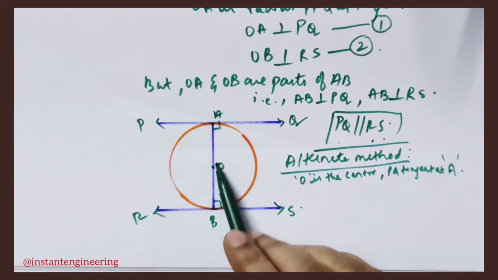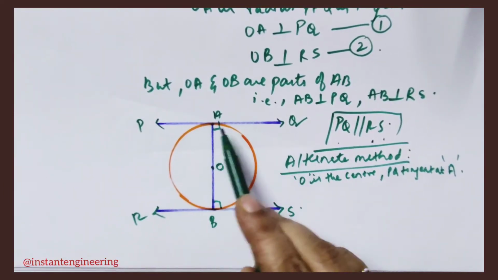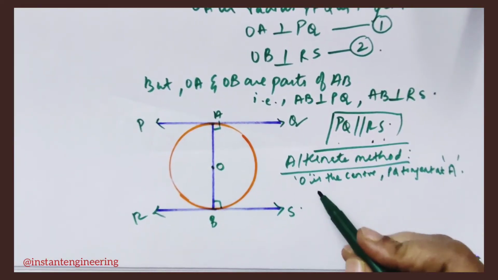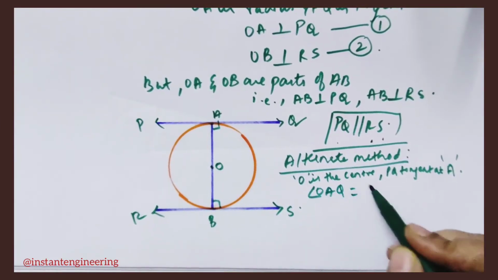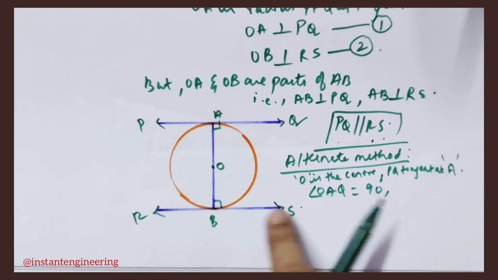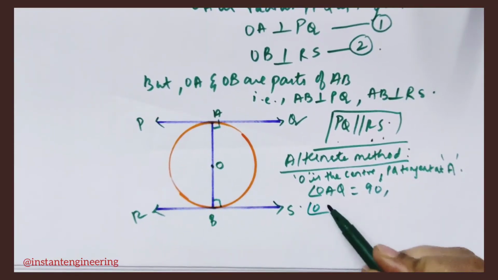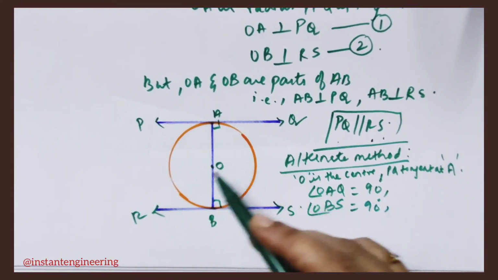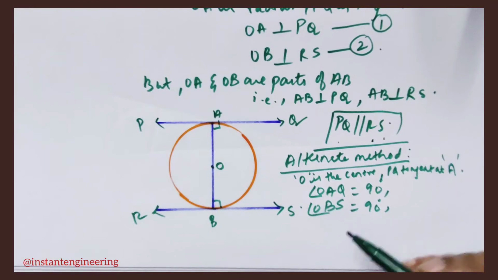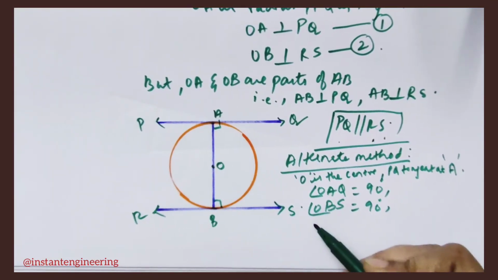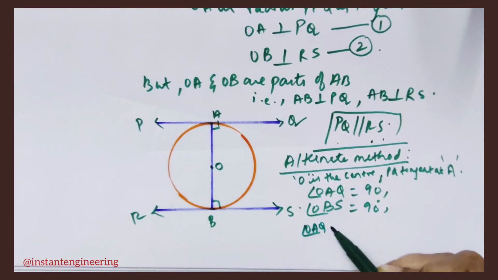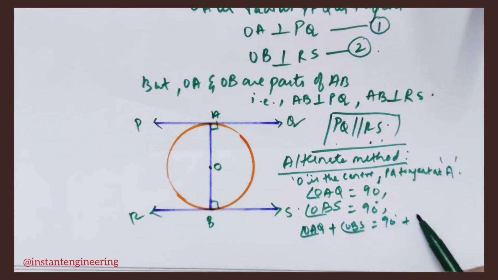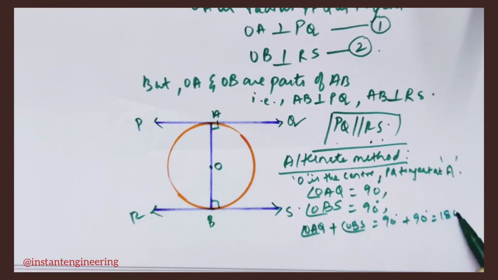If you take this angle OAQ, it is forming a right angle, that means 90 degrees over here. So angle OAQ is 90 degrees. Similarly, angle OBS is also 90 degrees. If you add these two interior angles, angle OAQ plus angle OBS is 90 plus 90, that is 180 degrees.